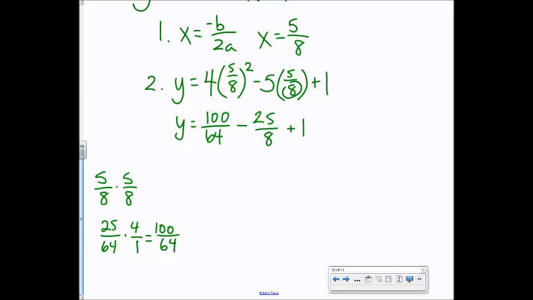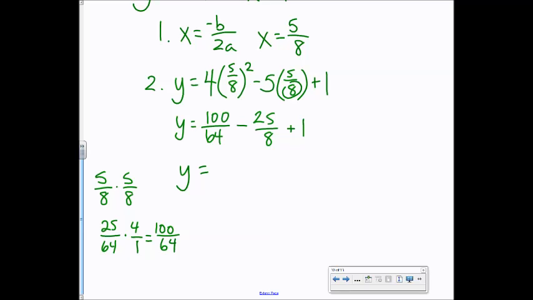All right, so I would put that in my calculator to get y. And I end up getting y equals negative 0.56.